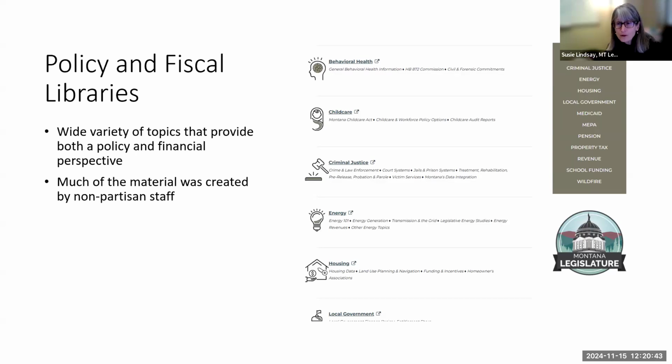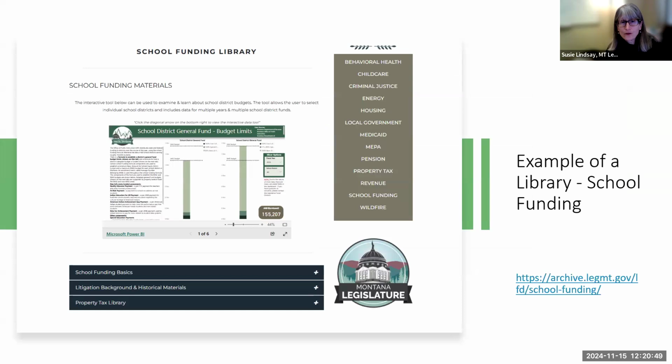They're all topics that you might want to dig deeper into. Now, if you were to click on the school funding, the next slide will show you what that page looks like. So the school funding has a data interactive tool at the top, because school funding is very complicated. It has 6 pages in this data tool that you can go through and really just dive very deep into how funding for schools is done in Montana. And then underneath, the accordions that say school funding basics, litigation background, and historical materials, and the property tax library, all of those are connected.